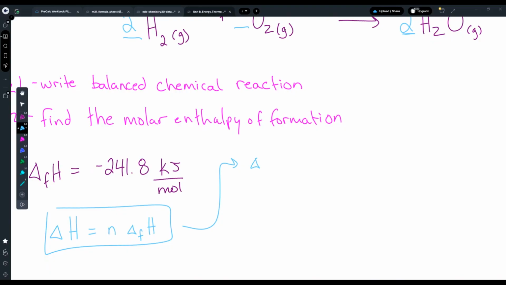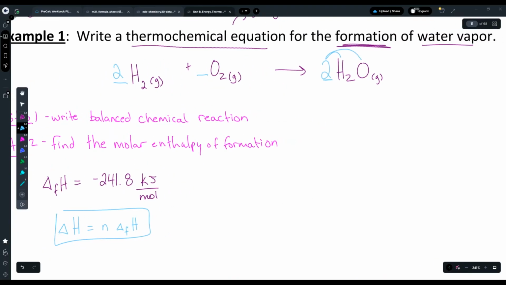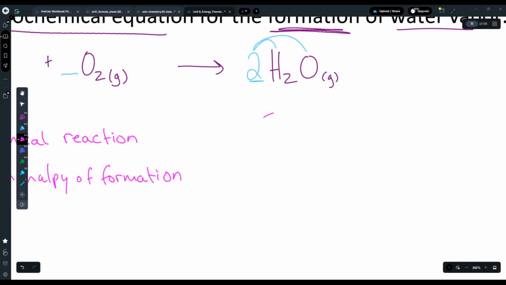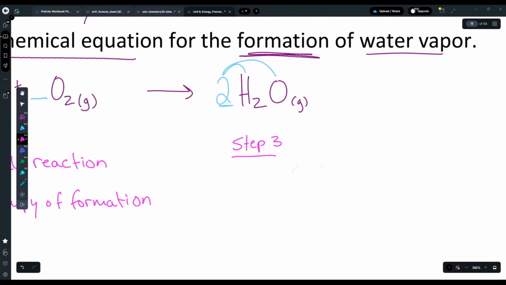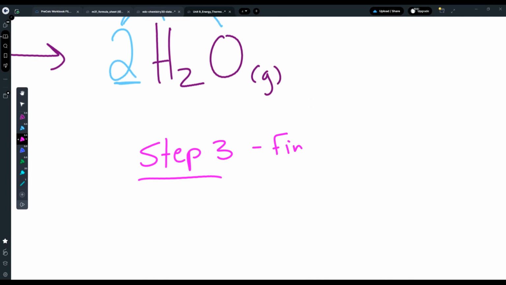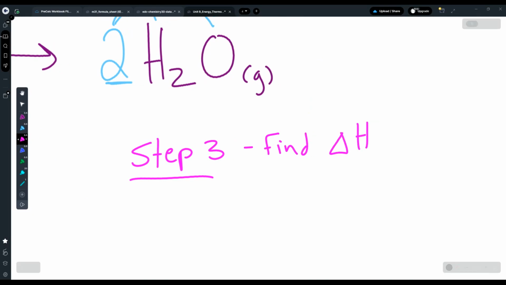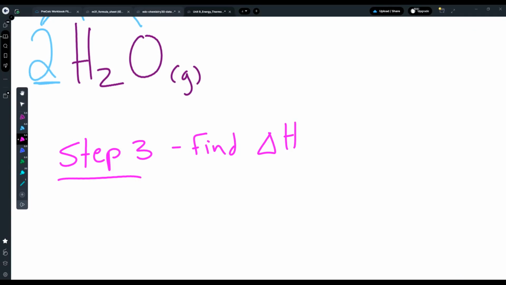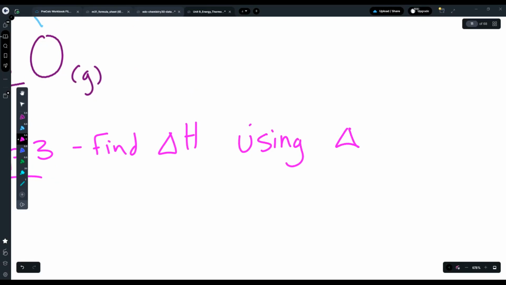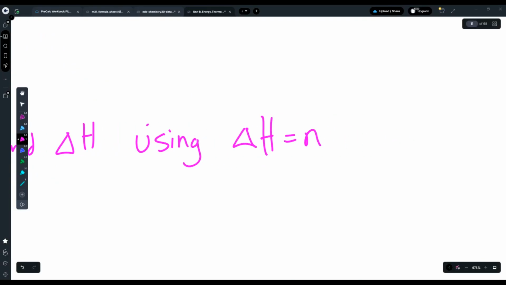So, actually, what I'm going to do here is I'm going to say step 3, find change in enthalpy using delta H is equal to moles times molar enthalpy of reaction.